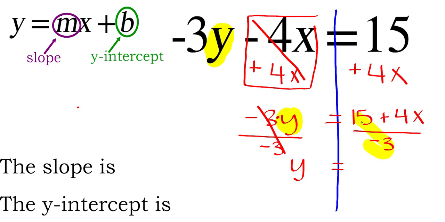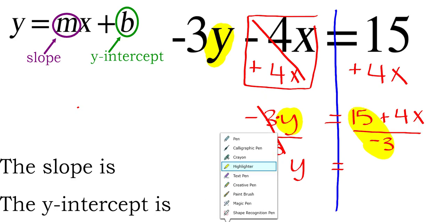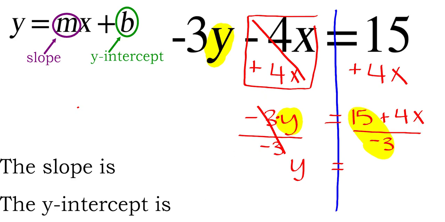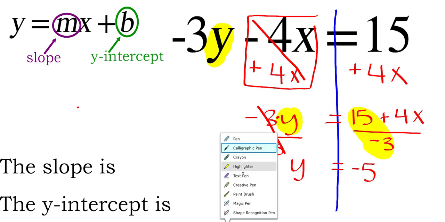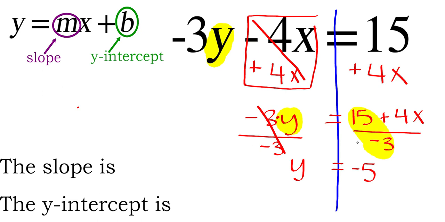So 15 divided by -3. I need to figure out what 15 divided by -3 is. Well, that's -5. So I'm going to write -5 first, because that's what 15 divided by -3 is. And now I'm going to try to divide 4 by -3. Now, the problem is that 4 is not divisible by -3.